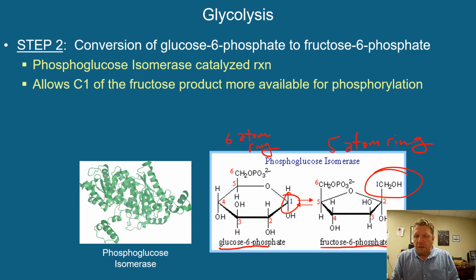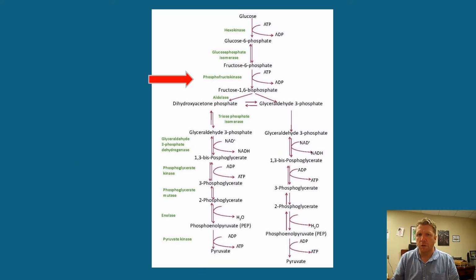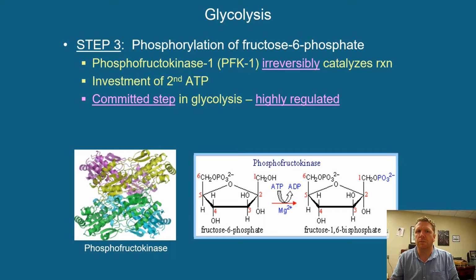And what this means is now we've got a little bit of symmetry almost. If you look at carbon number 6 versus carbon number 1, they're kind of similar to one another. So that's our staging for our next step, which is catalyzed by the enzyme phosphofructokinase. Again, investing in ATP to phosphorylate fructose 6-phosphate to make fructose 1,6-bisphosphate.